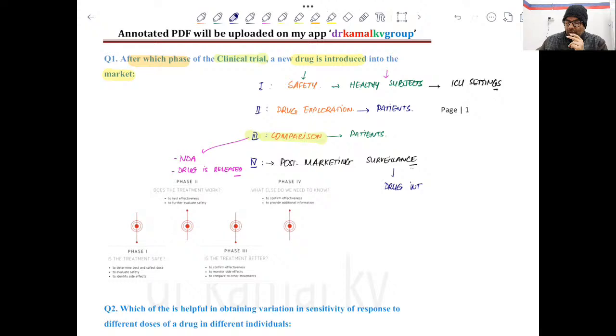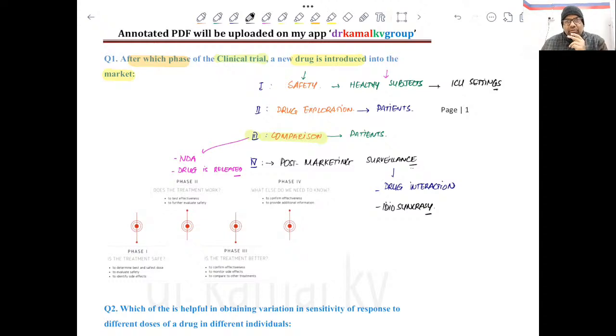We don't know how this newly introduced drug will react with some other drugs if they are concurrently given, right? So drug interactions, then idiosyncrasy. There might be some adverse effects which are genetically determined, that will come only on long-term study. So this is post-marketing surveillance, and this is a long-term study, of course.